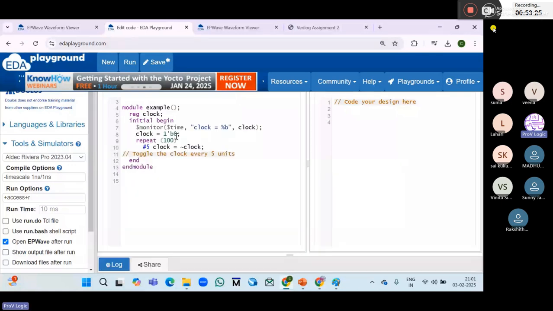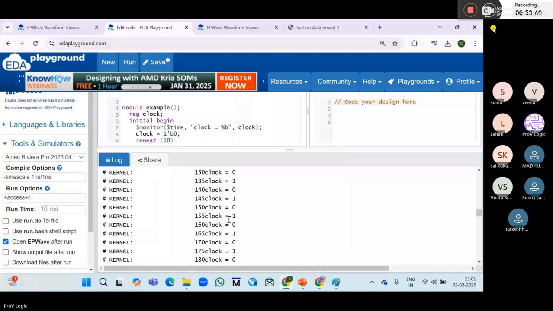So after repeating 10 number of times, clock equal to 0, clock equal to 1, clock equal to 0, clock equal to 1, like that 5 cycles we will get. 10 number of times repetition means that. Okay, what is this? Repeat 10.